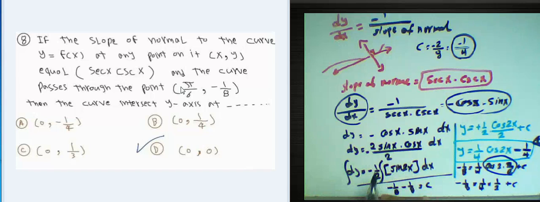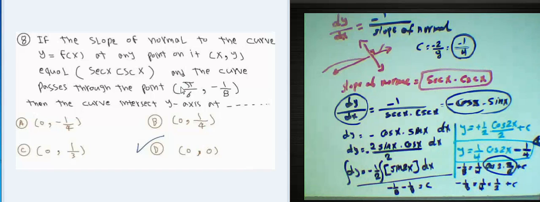It then tells us where the curve intersects the y-axis. When the curve intersects the y-axis, it means x equals 0. So in this equation we must put x equals 0. Cosine 2 times 0, cosine 0 equals 1. 1 over 4 minus 1 over 4 equals 0.